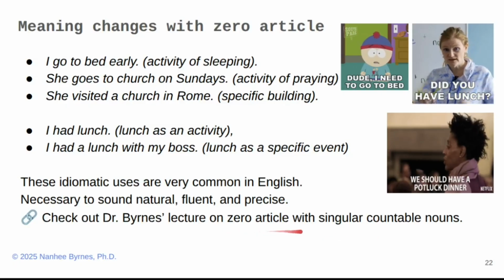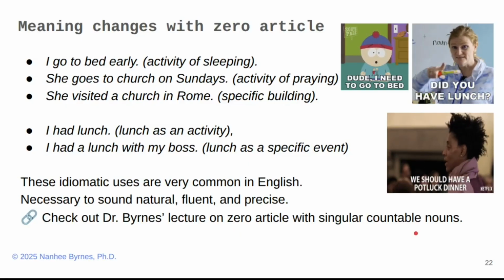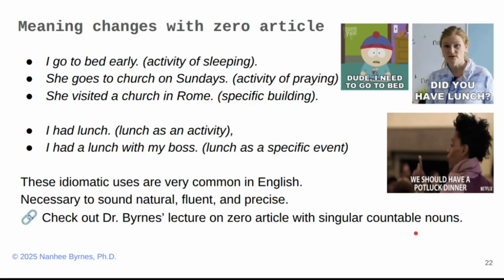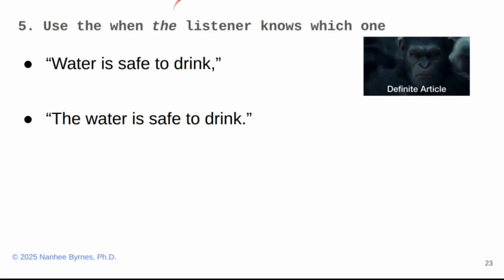In that video, Dr. Burns categorizes all the cases where the zero article occurs, provides clear examples, and explains the meaning in each context. By following her step-by-step systematic approach, you'll learn exactly when to leave out the article and why, instead of guessing or trying to memorize exceptions.